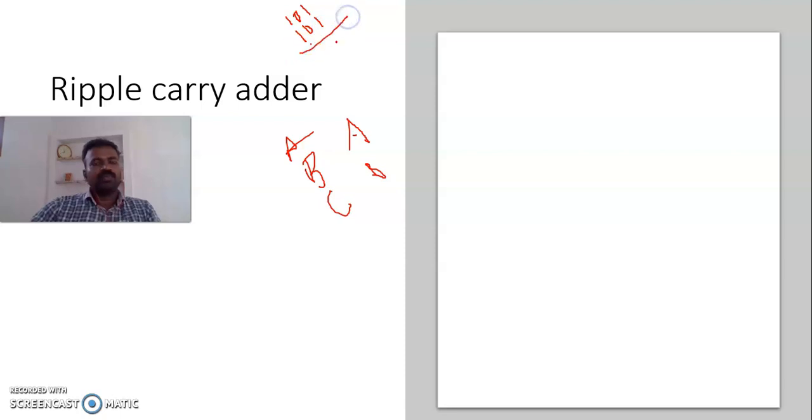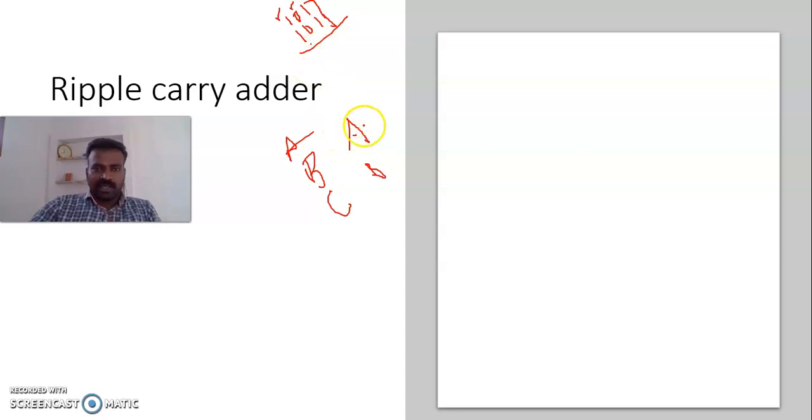Add these two values. So for these two, I need one adder, and for these two, second bit I need one adder, and for this one I need one adder. So totally I am in need of 3 adders for this.